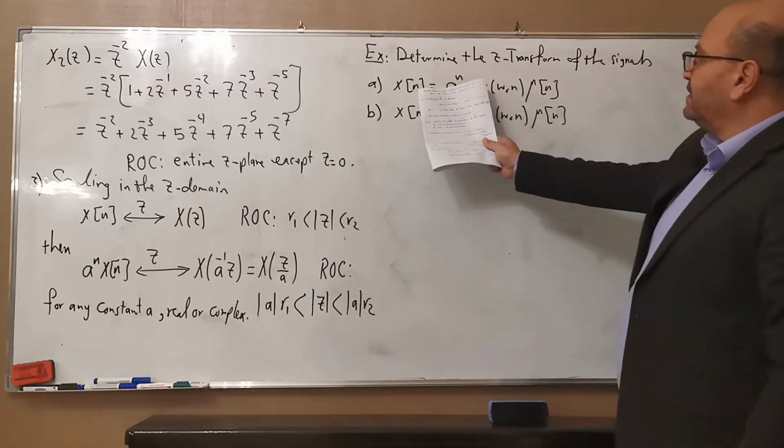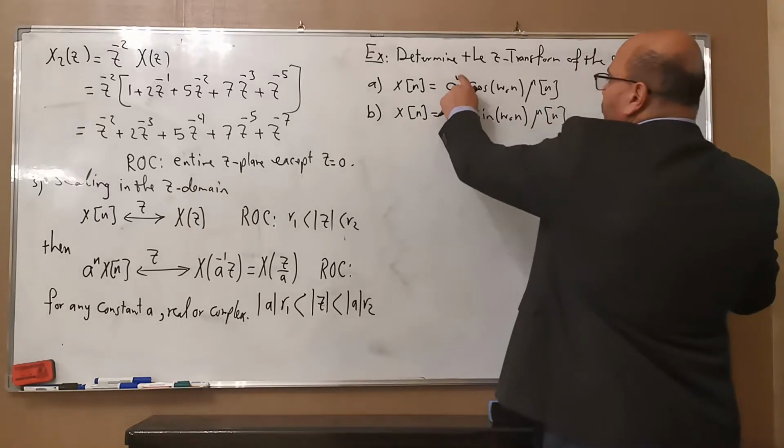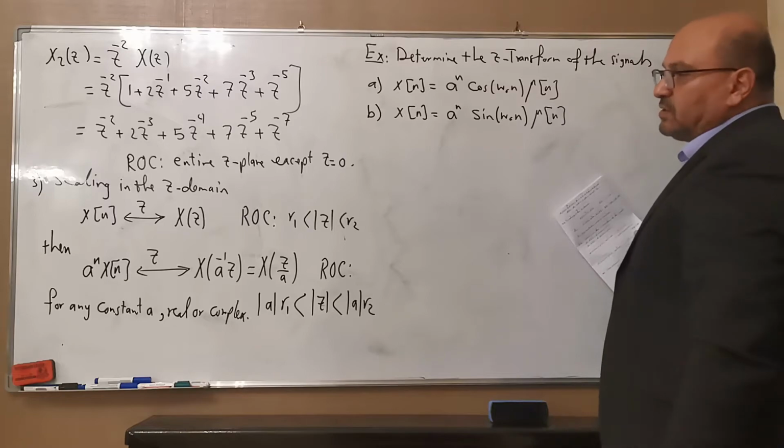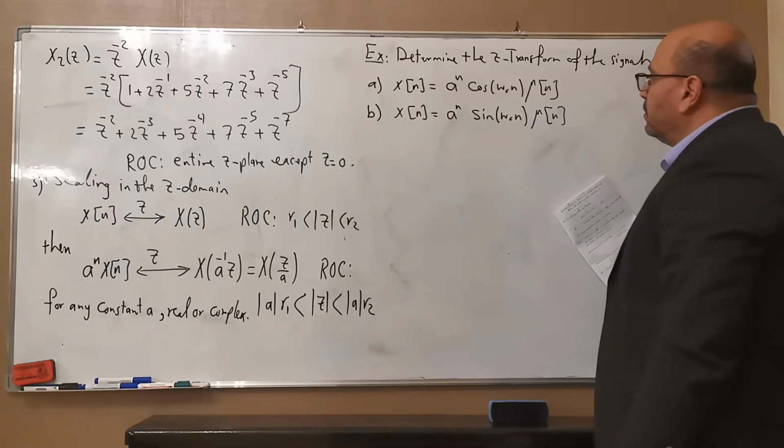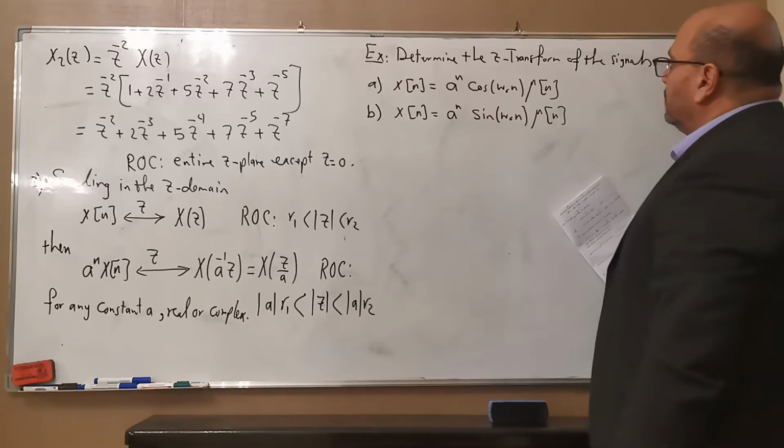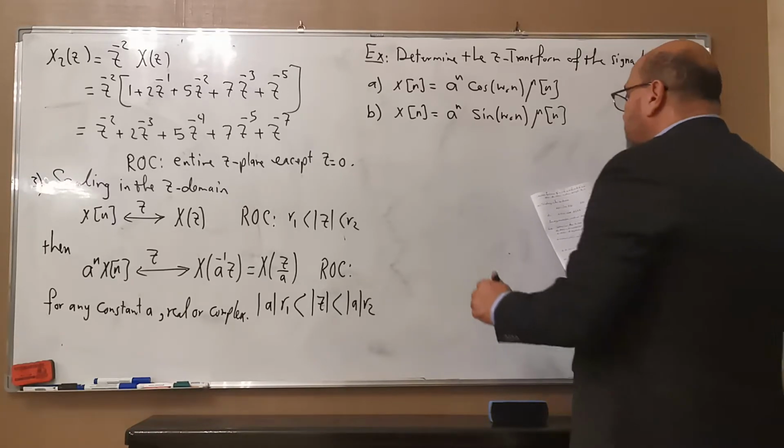We did this example before without having A to the n with it, so it was a pure sinusoid. Now it's a damped sinusoid, or exponentially weighted sinusoid sequence.